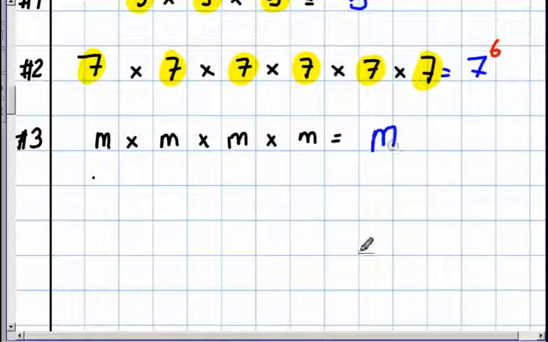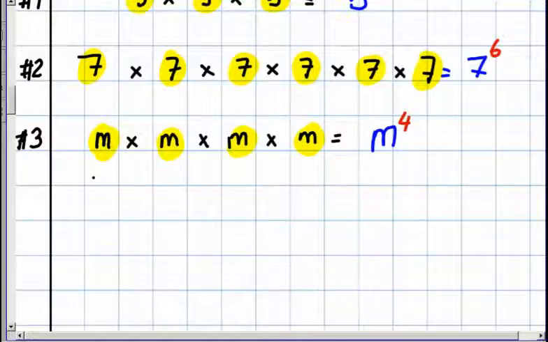It's going to be M to what power, anybody? Who's going to put the hand up first? Yes, young lad in the middle there? M to the power 4. Let's see if he's right. There are 1, 2, 3, 4 appearances of M. So it's M to the power 4.